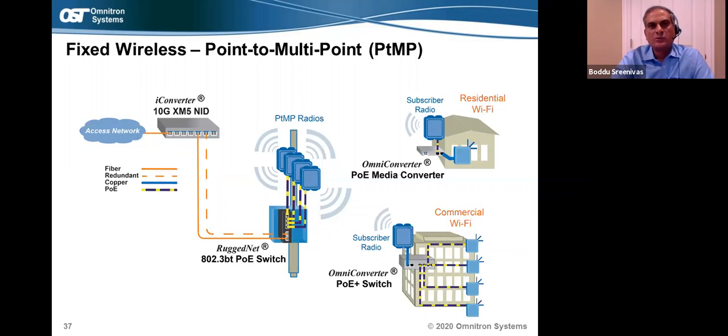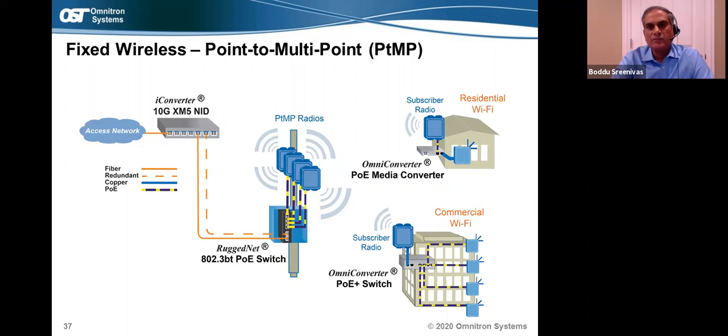So looking at the network architecture, in this example, we're showing our RuggedNet PoE switch powering multiple point-to-multipoint head-end antennas. You typically have multiple antennas because most of these antennas have a 90-degree radius. So if you want to have 360-degree coverage, you need 4 or up to 8 antennas, depending on the spectrums that you're using. So at the head end, we're showing our RuggedNet PoE switch being utilized to power these antennas.